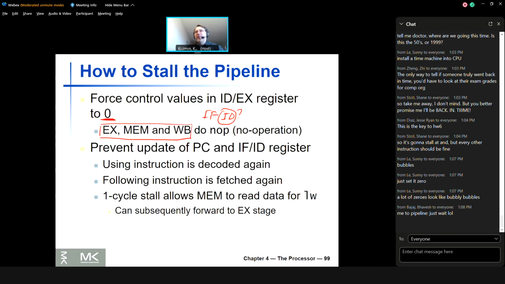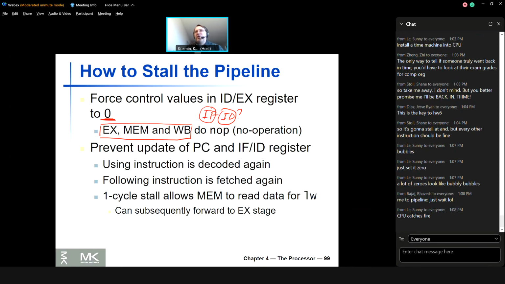Why does it work? Why is it not causing any problems that these two stages are executed as normal? Well, if you think about the side effects, or the overall effects of any instruction, just reading the instruction from memory is not changing the registers or the memory.